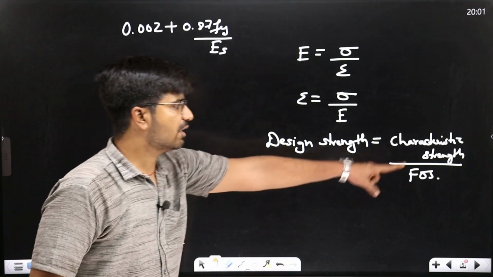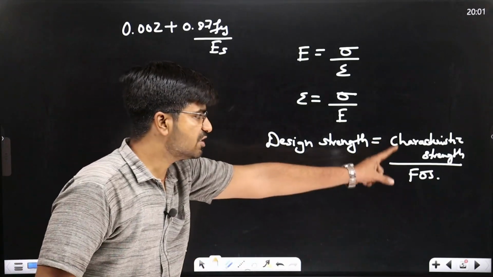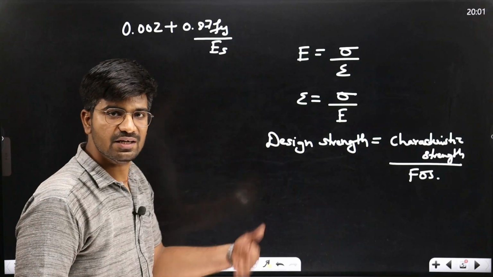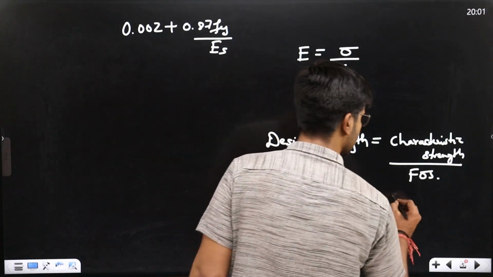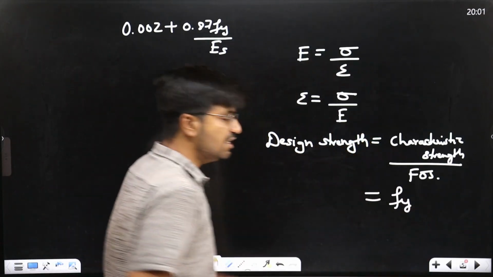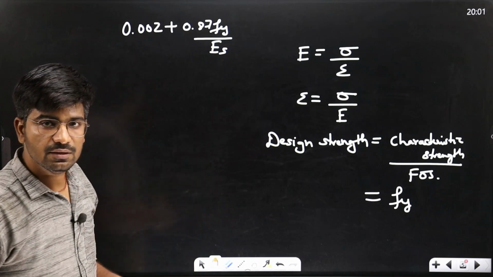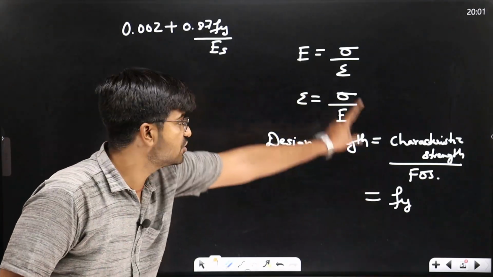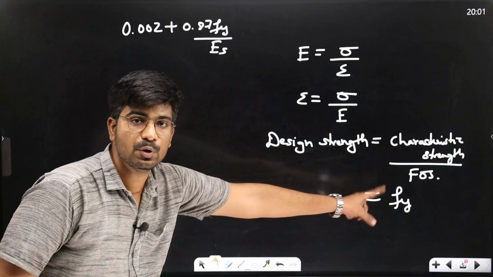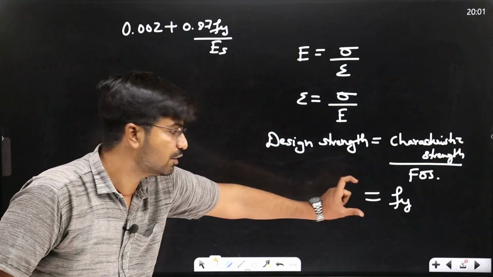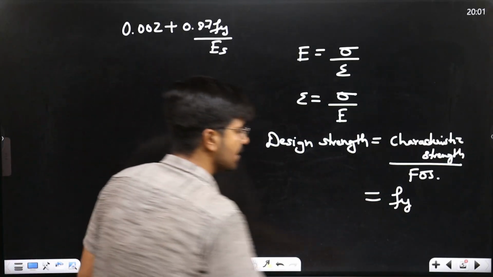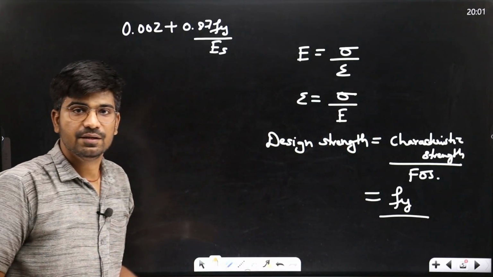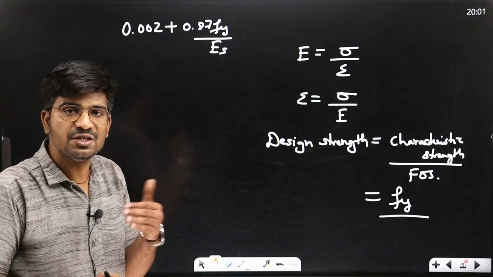Here, the characteristic stress is your Fy, the yield stress of steel, because we are discussing steel, divided by the factor of safety. And what factor of safety do we use for steel in the limit state method?